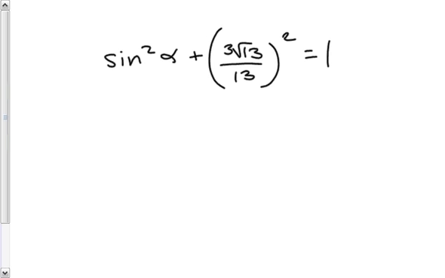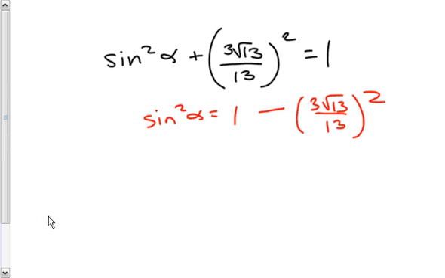Okay, so I need to solve this. I'm going to subtract this from both sides. So I have sine squared of alpha minus. Square it down, subtract it again. And if I square this, what's 3 times 3? 9.